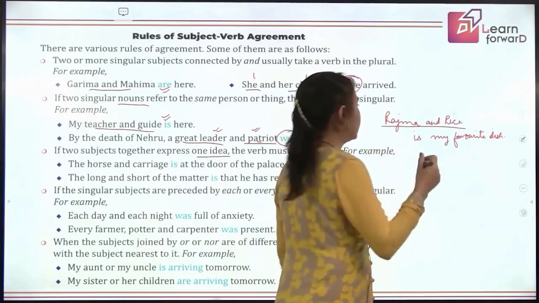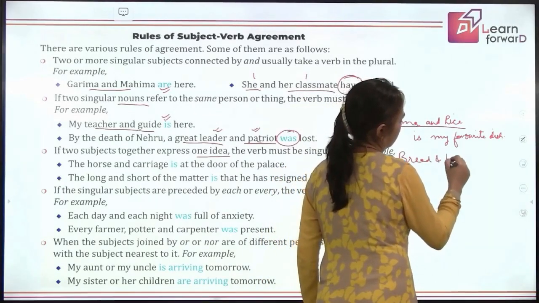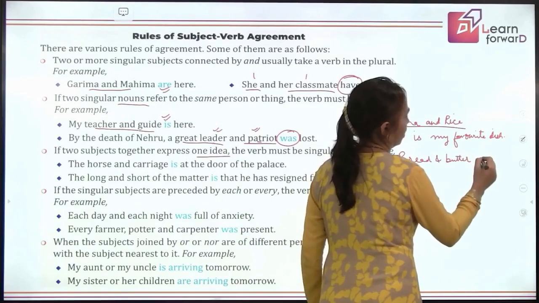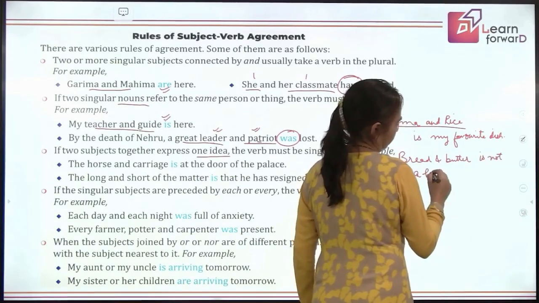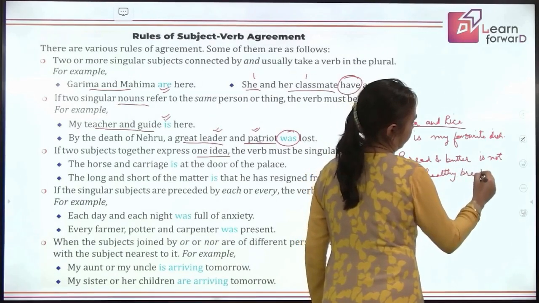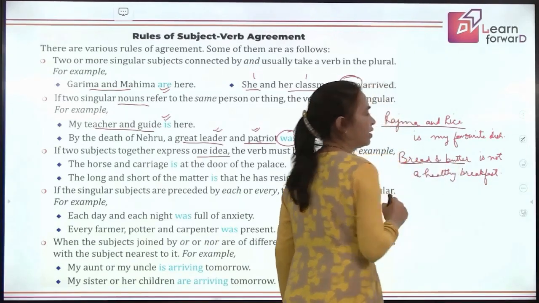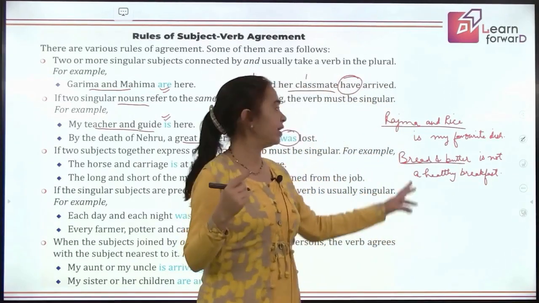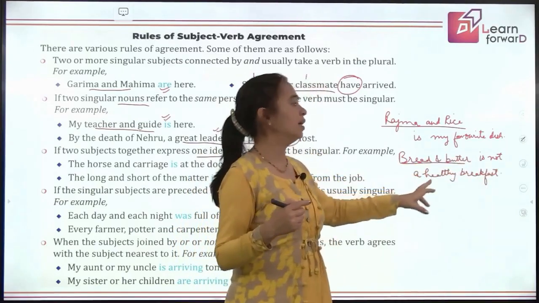I can also say bread and butter is not a healthy breakfast. Because that makes just one single dish for you in the breakfast, isn't it? Here the idea is just one unit, right? So bread and butter is not a healthy breakfast.